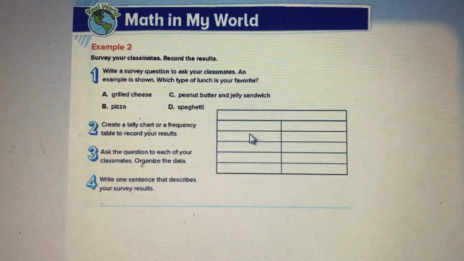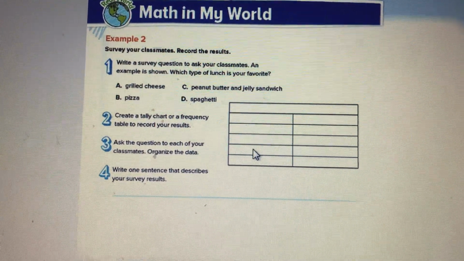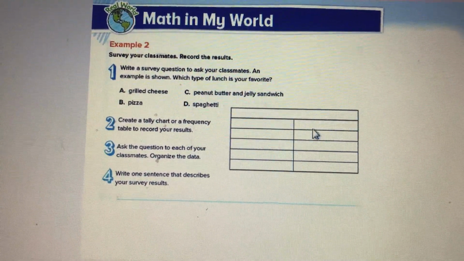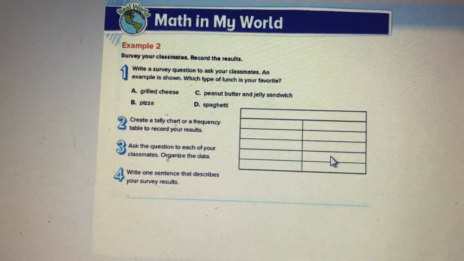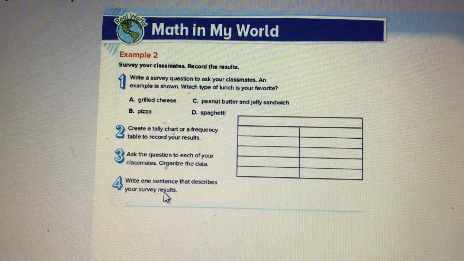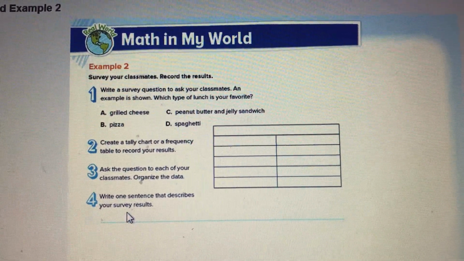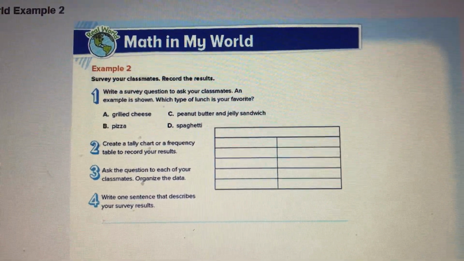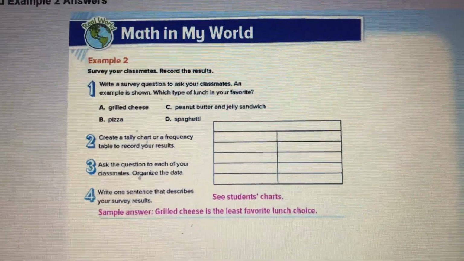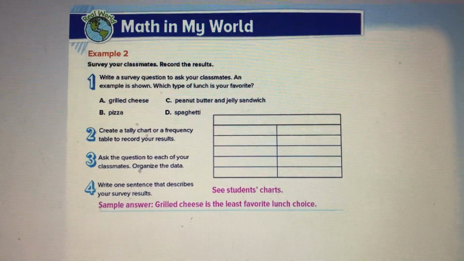We'd list these 4 items: grilled cheese, peanut butter and jelly, pizza, and spaghetti, and then create a tally chart or a frequency chart. Okay, let's try a tally chart today. Just put a tally in next to each one. Organize your data and write one sentence that describes your survey results. So you can write a sentence just like we did with the swimming sentence. Okay, this is just an example.